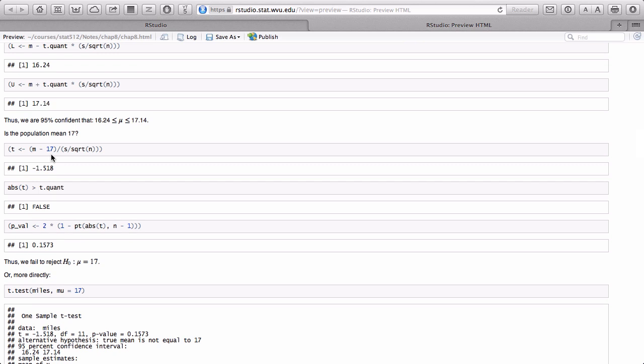If you think about it, if you drew a picture, in this case the t is negative.